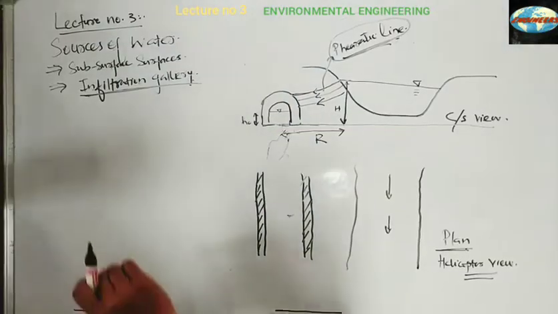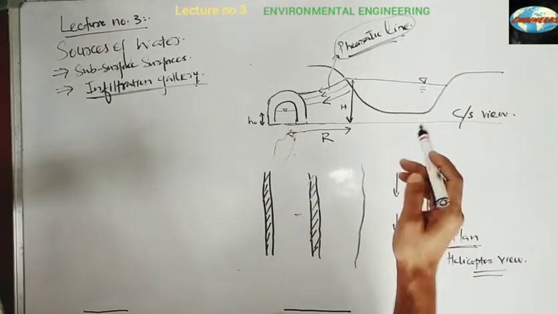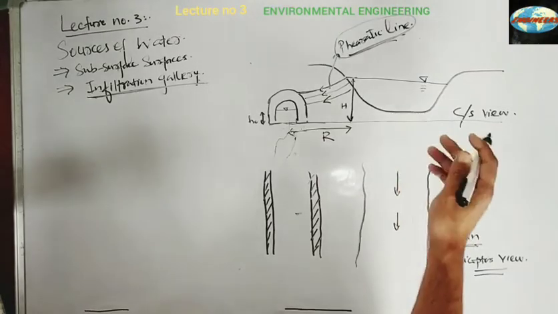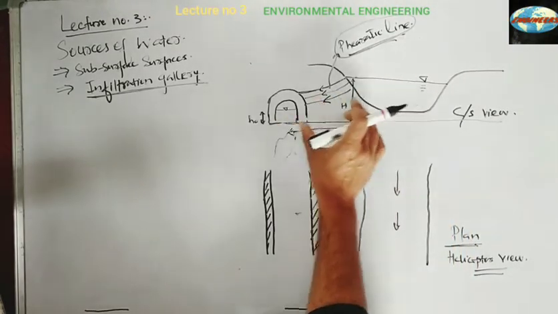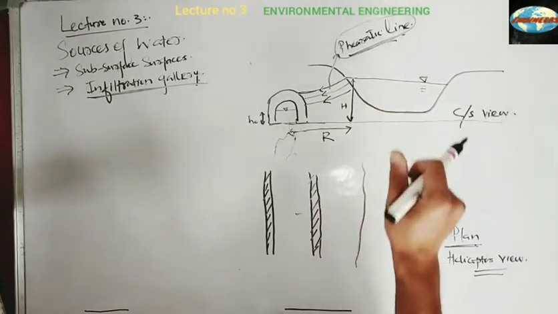Now, when I talk about the discharge of this infiltration gallery, which we will be obtaining from it, obviously that will be the seeping discharge that will come into it from this river or from this water bearing strata.